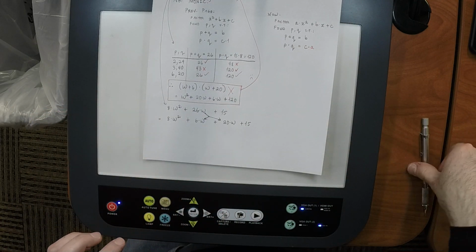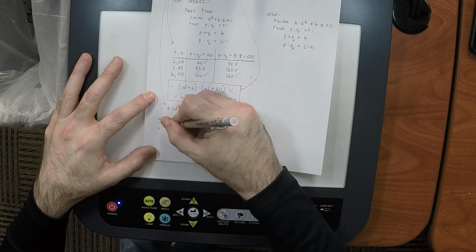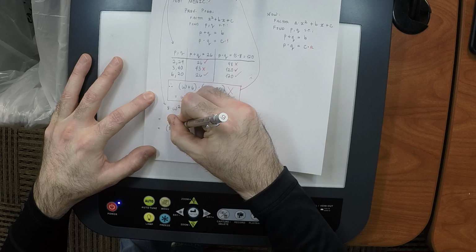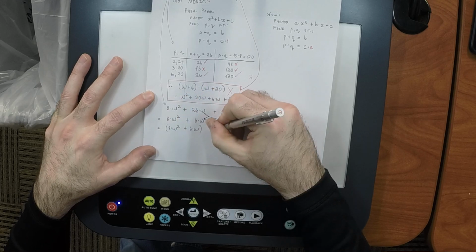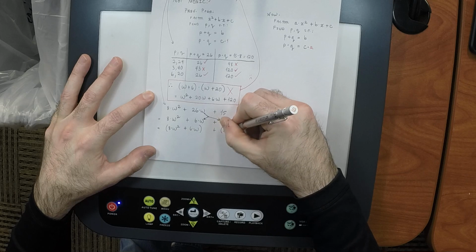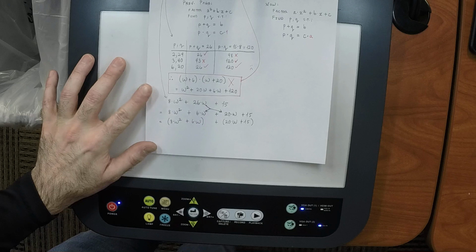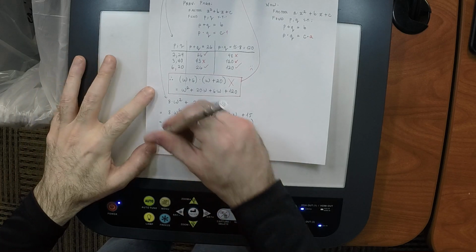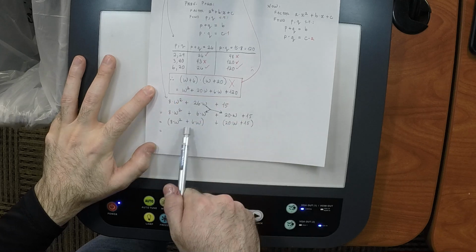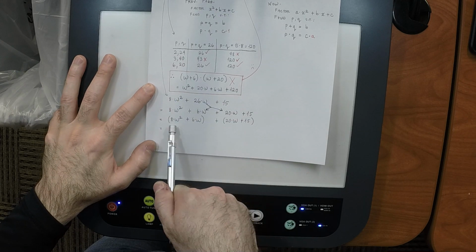Now that we have 4 terms, we can make 2 groups of size 2. And then in each group, we can factor out the GCF. So in the first group, what's the GCF? 2w.